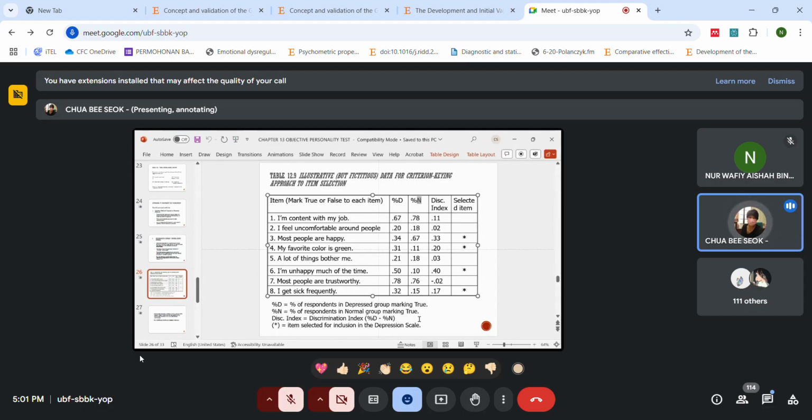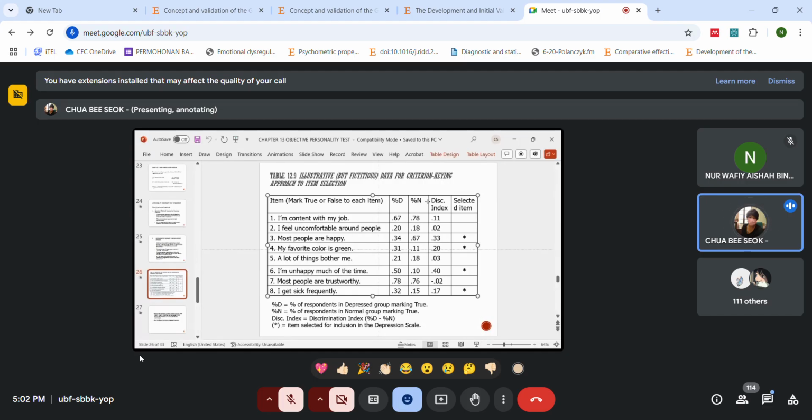Then you can see the difference between the groups. If the item can differentiate the groups better, it means the item is measurable, that it can be used to measure depression.